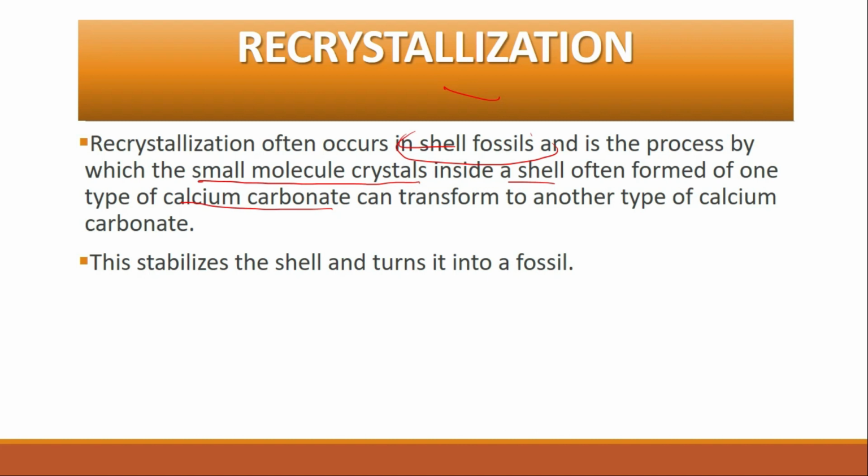At first, starting from the inside, the minute structures got crystallized. Then after that, the external parts got crystallized. And finally a stage came when all the traces of the organic origin may be lost and an interlocking crystal mosaic is formed. And the example of this is the shells of brachiopods.